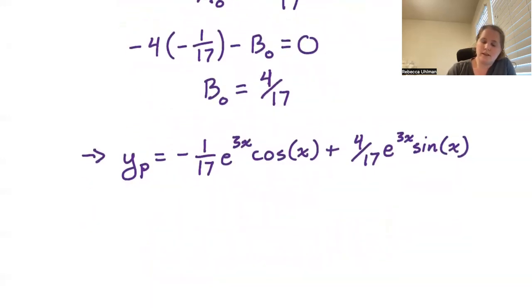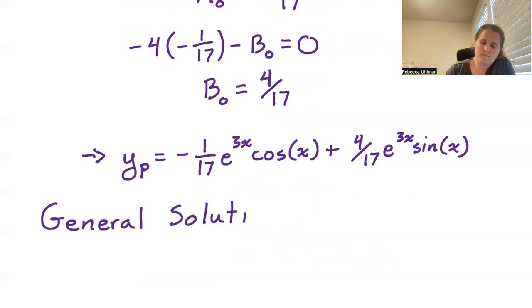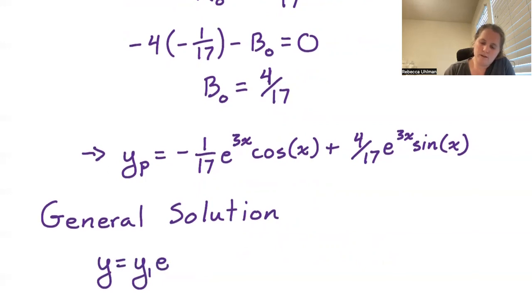So putting these all together, our general solution: y is equal to c1 times y1, where y1 was e to the 3x, plus c2 times y2, where y2 was e to the negative x, plus our particular solution.